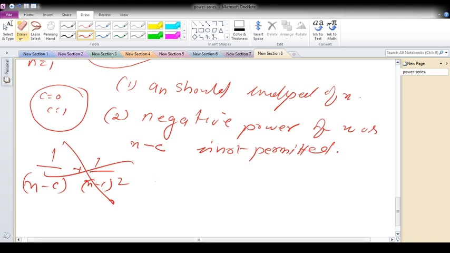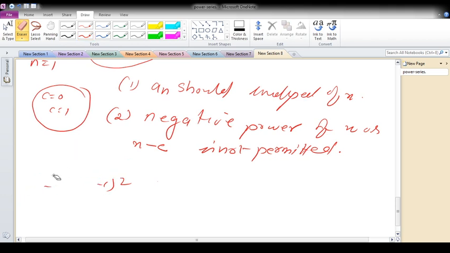Next, the third remark is that irrational powers are also not permitted. Sorry, rational powers. That means x power half is not permitted.